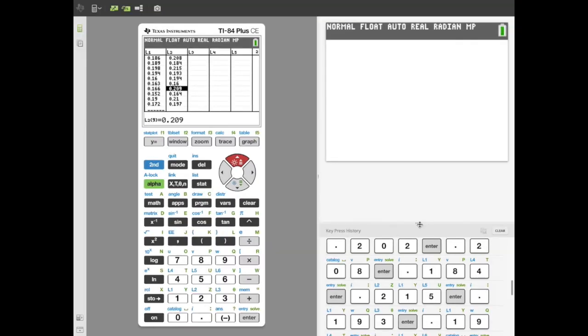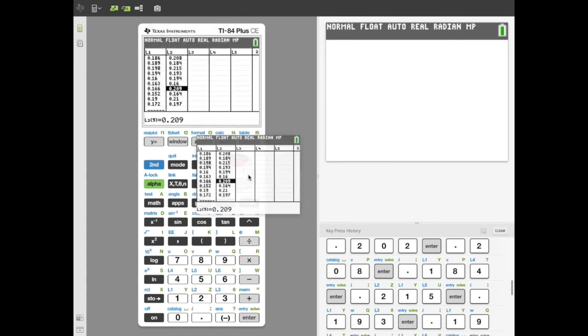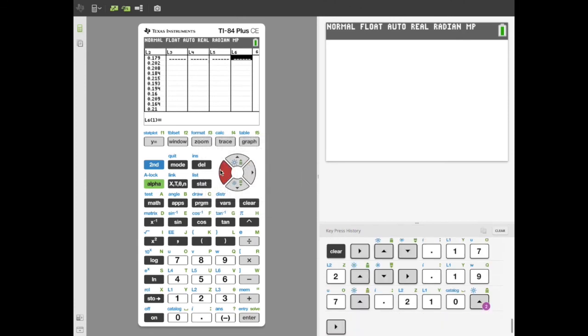All right, folks, now that I've input everything into L1 that I need to, and everything into L2 that I need to, now calculate the difference and put that into L3. And although that does not seem fantastic, it's actually not horrible, because we can treat it like an equation.